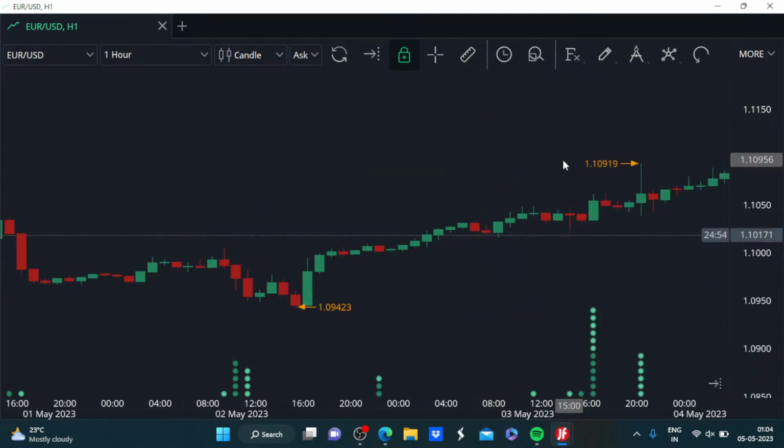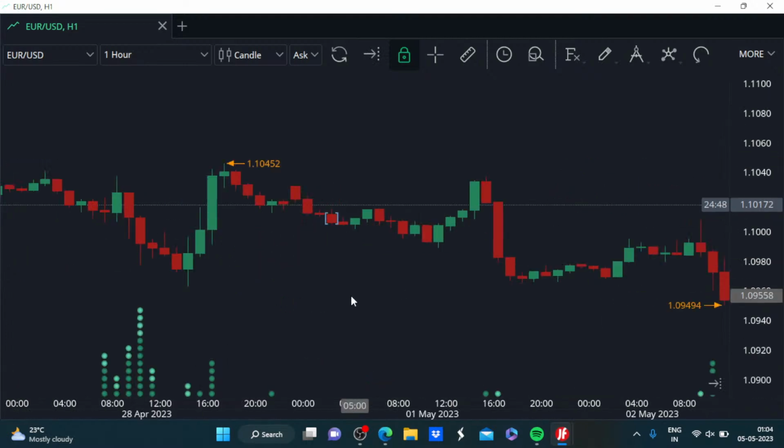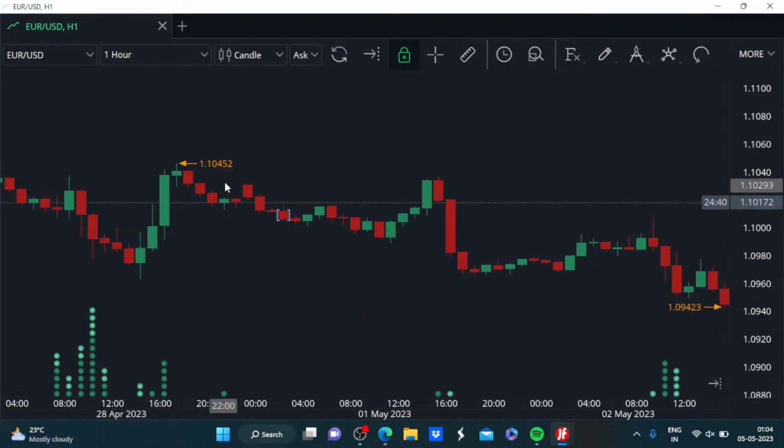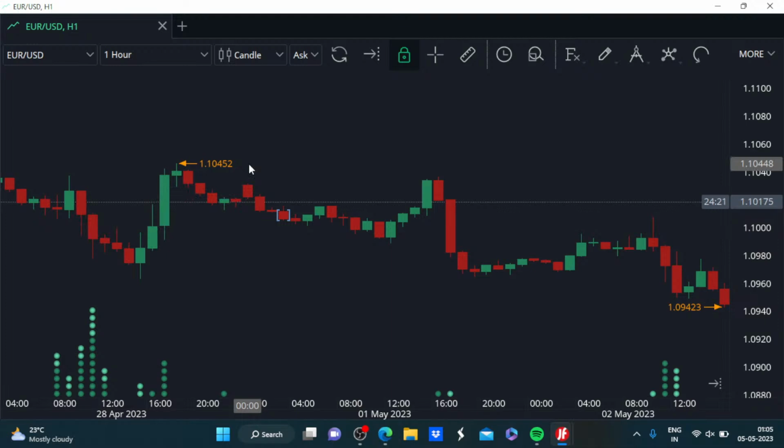Let us see when it had formed recently. Alright, so here there is one case where we saw the concealing baby swallow forming on the chart. This particular pattern is recognized after four successive, or consecutive, candles have taken shape in a particular formation, where we need the first two candles to have a bearish undertone, where the closing price needs to be significantly below the opening price.